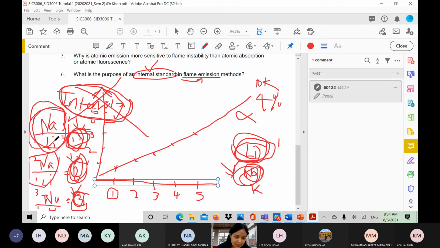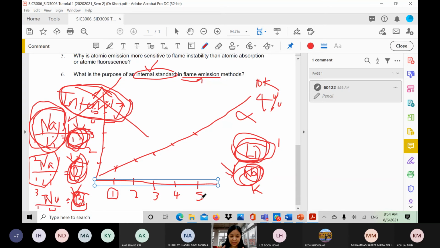Because this ratio intensity is a constant, it won't change even if there is any change from the environment. This ratio intensity only changes when we change the concentration of our target analyte from 1 to 2, 2 to 3. So this is what we want when we do quantitative measurement.